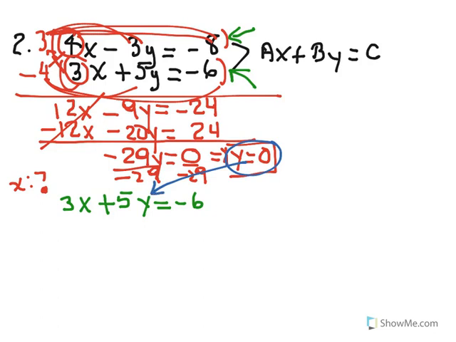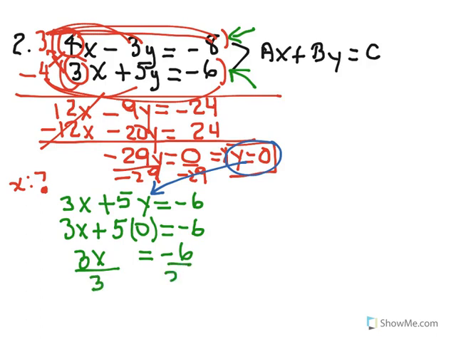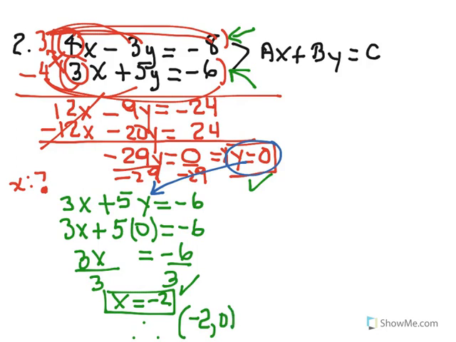So what do I have? 3x plus 5, and instead of y, I'm going to write my 0. 5 times 0 is 0, right? 3x plus 0 is 3x. And then to get to x, I divide by 3. Therefore, x is equal to negative 2. Okay? x is negative 2, y is 0. Therefore, the point of intersection is the point negative 2, 0.